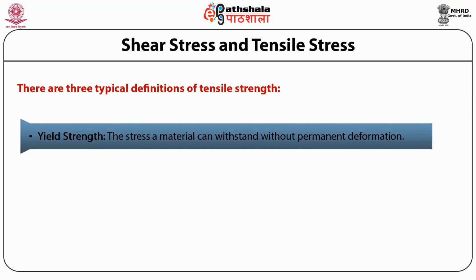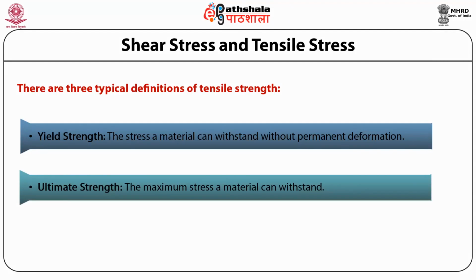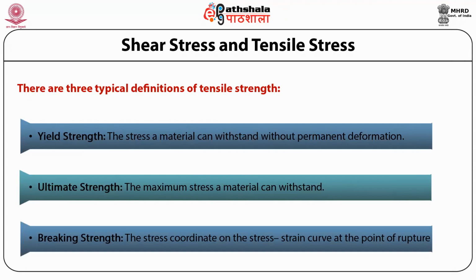The yield strength is the stress a material can withstand without permanent deformation. The ultimate strength is usually referred to as the maximum stress a material can withstand, while the breaking strength is the stress coordinate on the stress-strain curve at the point of rupture.